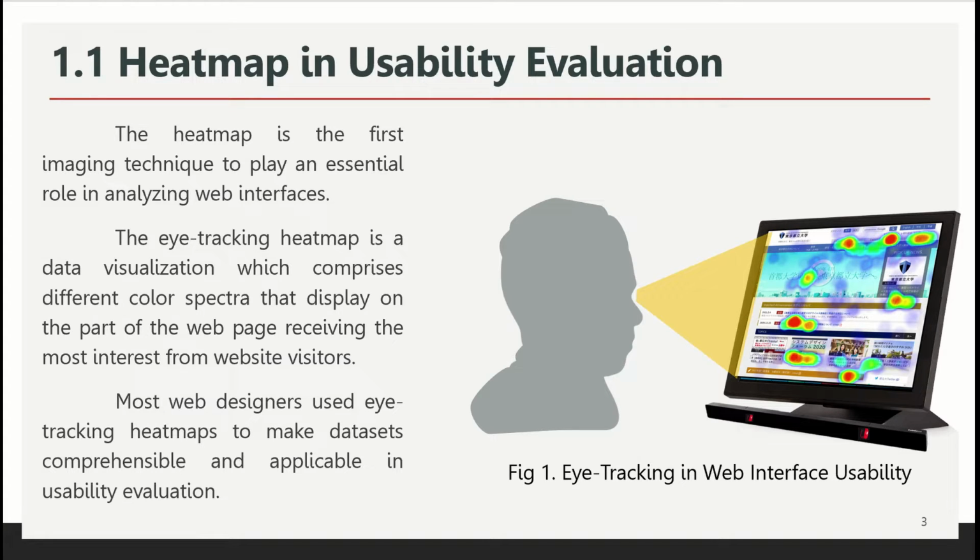The eye tracking heat map is a data visualization which comprises different color spectra that display the part of the web page receiving the most interest from website visitors. Most web designers use eye tracking heat maps to make datasets comprehensible and applicable in usability evaluations.